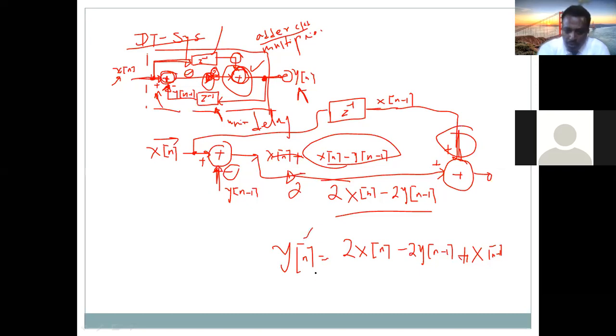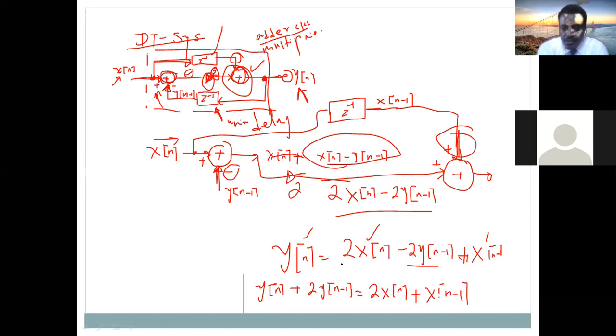If we collect all the output terms on one side, it will be y of n plus 2 times y of n minus 1 is equal to the input terms, 2 times x of n plus x of n minus 1. So this is our equation, for this system.